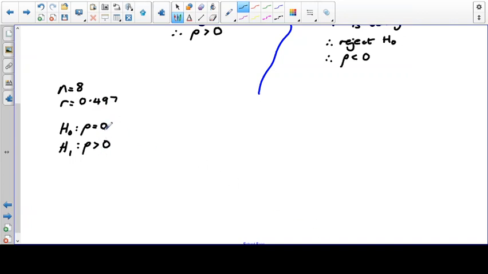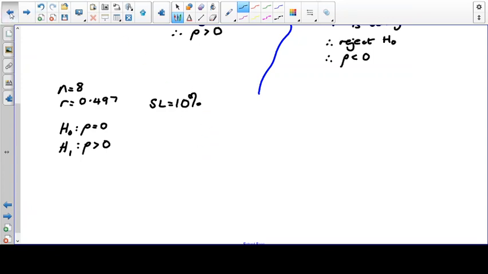So you're testing to see if there is actually a positive correlation. Okay, so let's say this time we want the significance level to be 10%. So we want to be 90% confident that we're going to make the right conclusion.